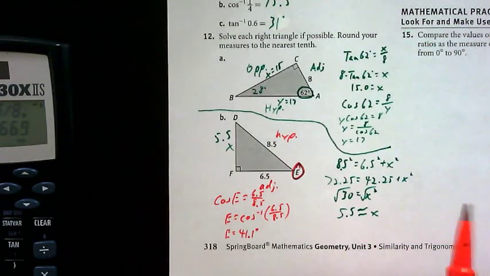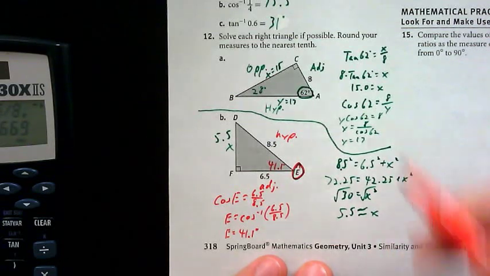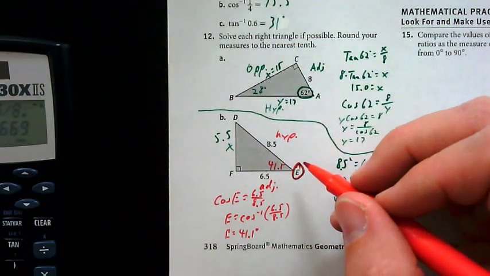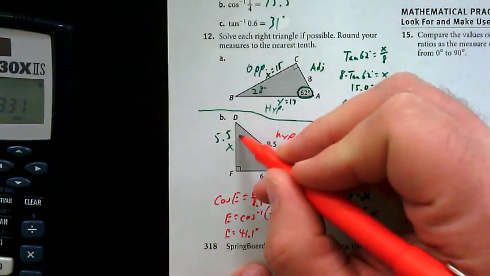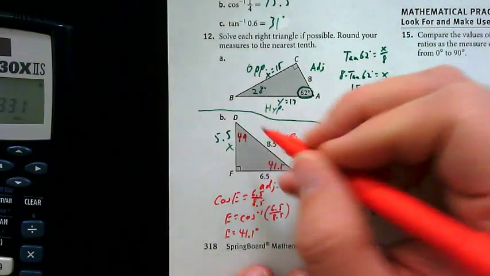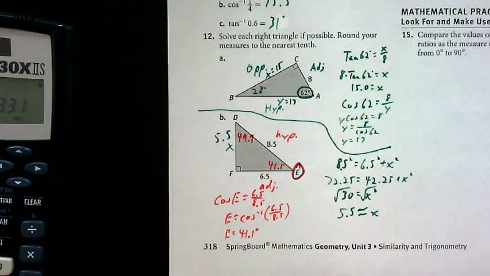Now, since we know that that is 40.1, we just need to do 90 minus that. 90 minus 40.1, that's 49.9, if again you round off to the nearest tenth.